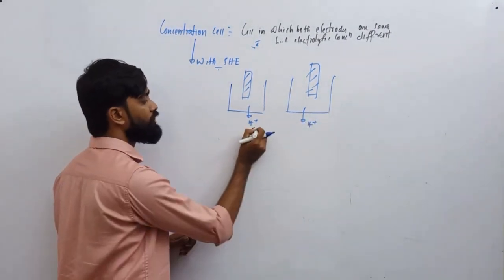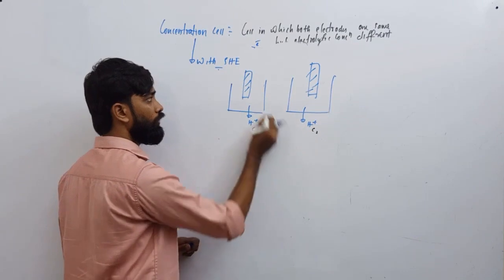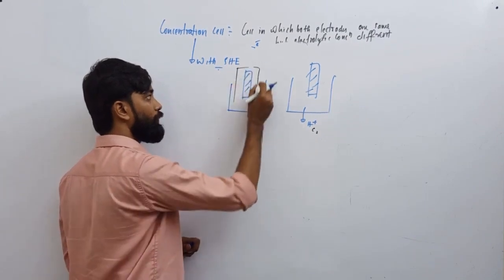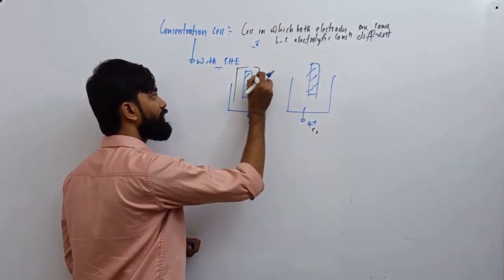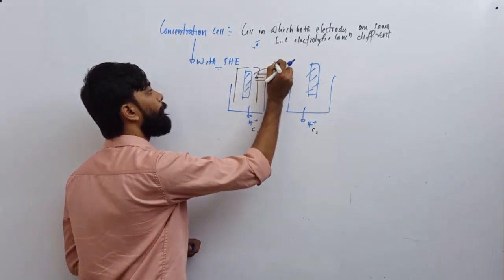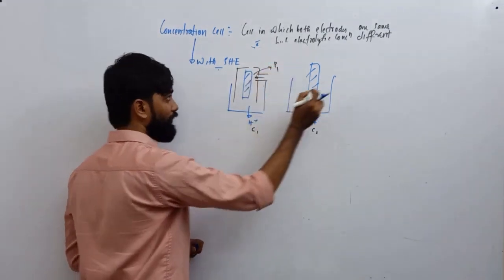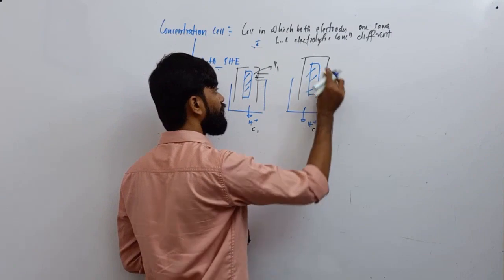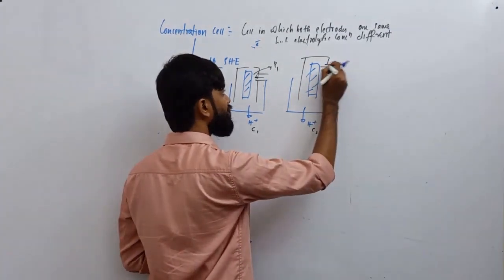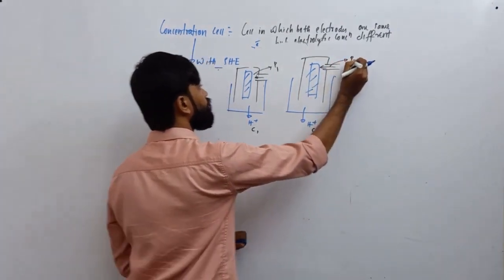The H+ concentrations are C1 and C2, where the partial pressure of the gas inside here is P1, and since it is SHE, the partial pressure of hydrogen inside here, let it be P2.